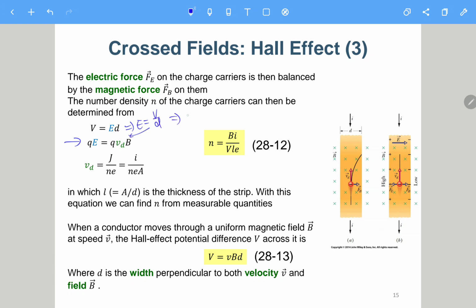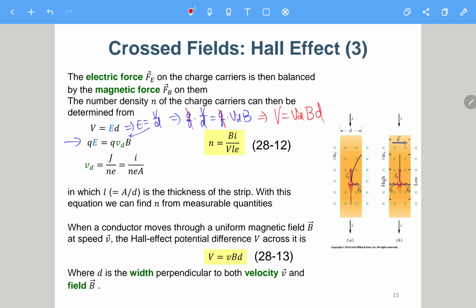So we have q times V over d equals q times Vd times B. We can cancel q, and then we get V equals Vd times B times d.